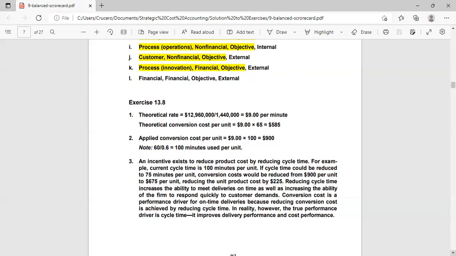Reducing cycle time increases the ability to meet deliveries.